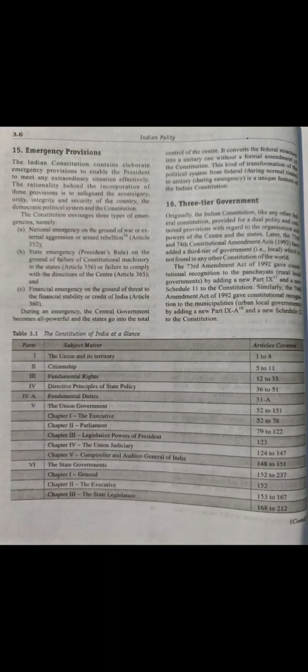After that, we have a lot of tables in Chapter 3. The first table is about the Constitution of India at a glance: the articles and the subject matters. This table continues, and then there is the list of the articles and their topics, the matters they deal with.